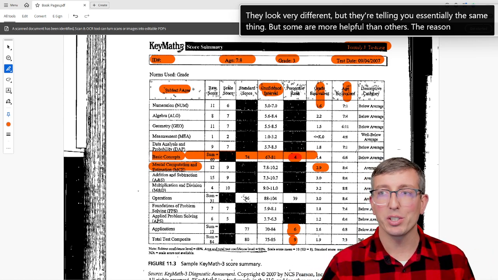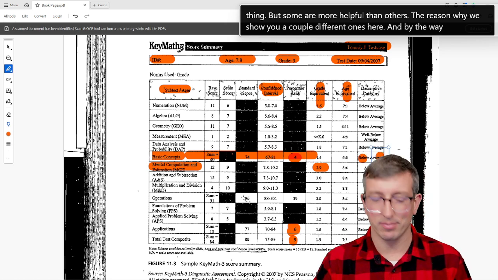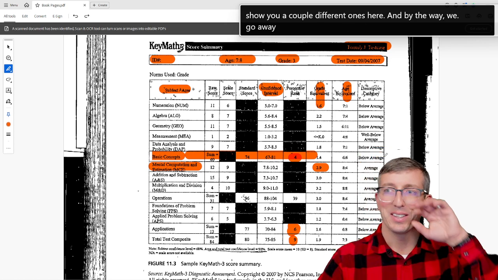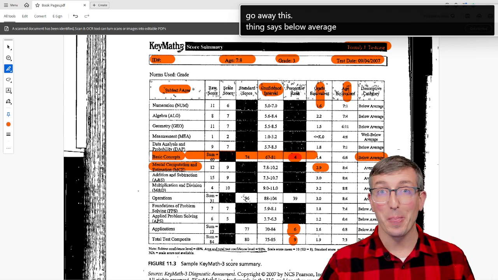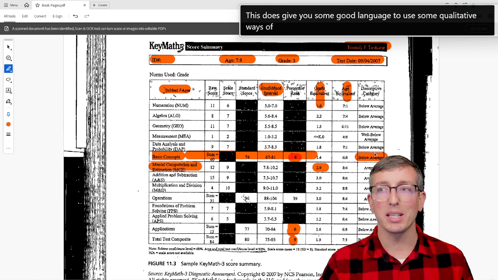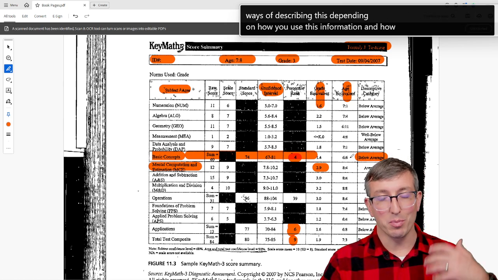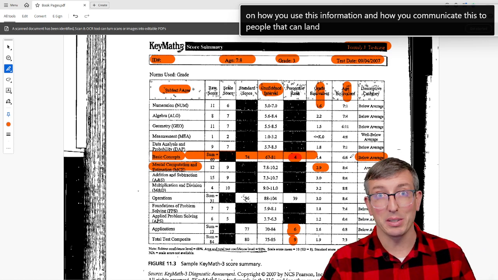The reason why we show you a couple different ones here, and by the way, this thing says below average. That's true. This does give you some good language to use, some qualitative ways of describing this. But depending on how you use this information, how you communicate this to people, it can land a little bit differently.